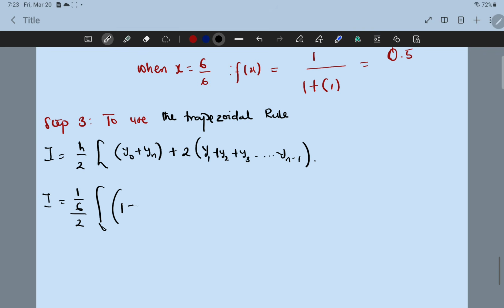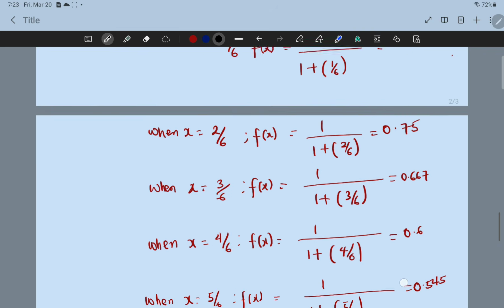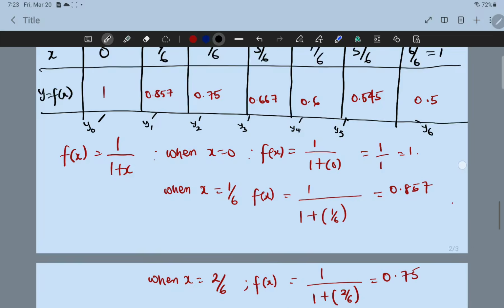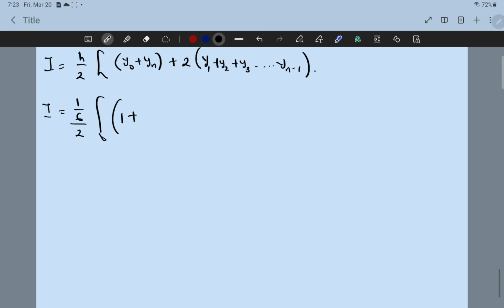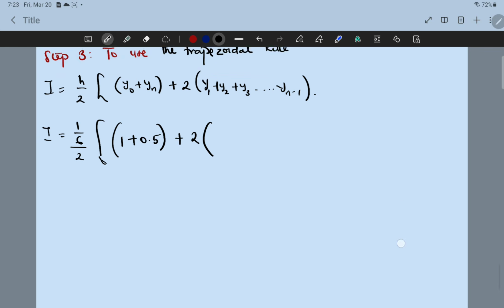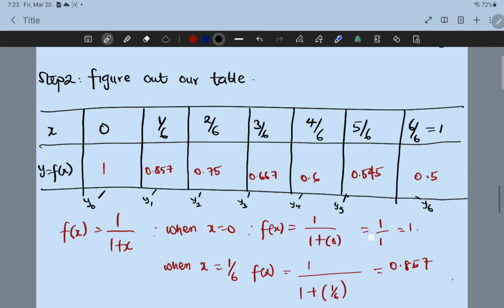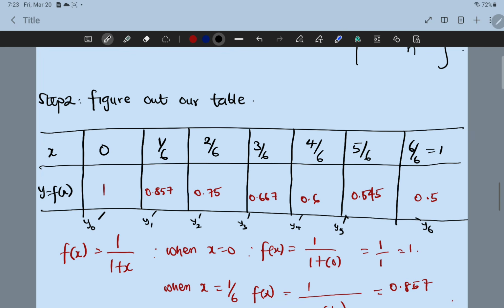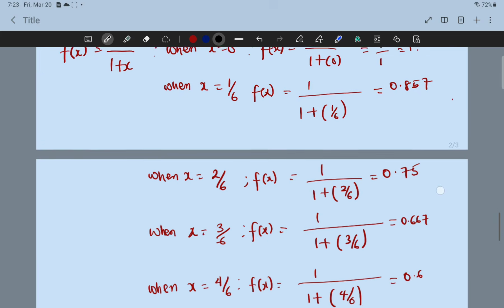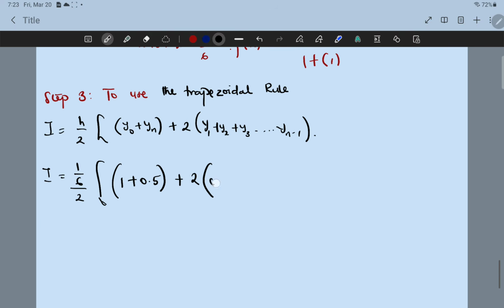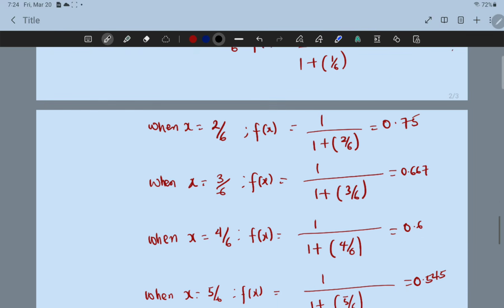So Y naught is 1. Yn, the end of the table, is 0.5. You see that? 0.5 plus 2 into bracket, and you start slotting the values. Y1 is 0.857 plus Y2.